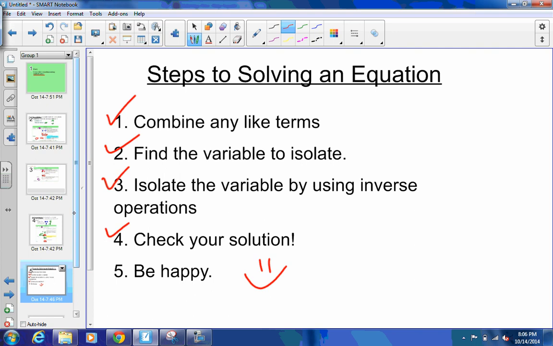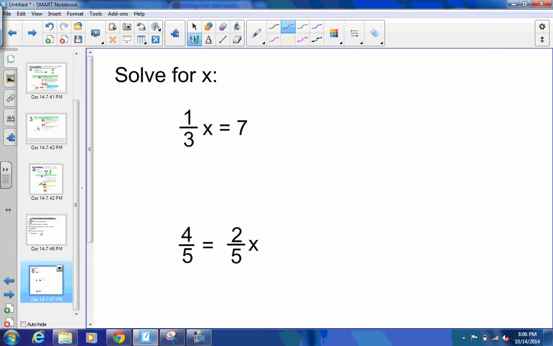So let us try just a couple examples here before we are done. This first one, now remember, find the variable that you want to isolate. So we're going to put that in a red box.